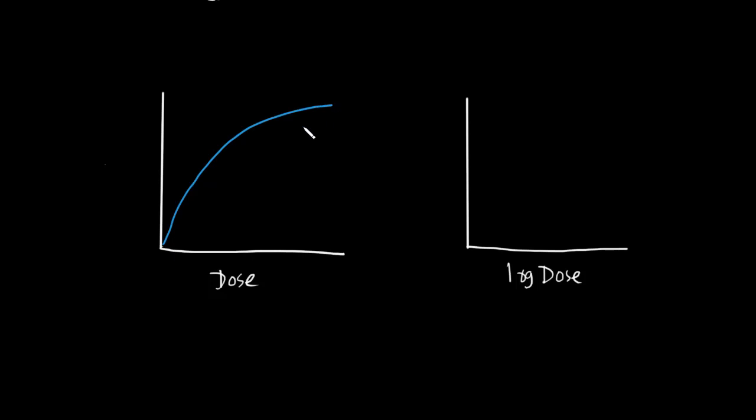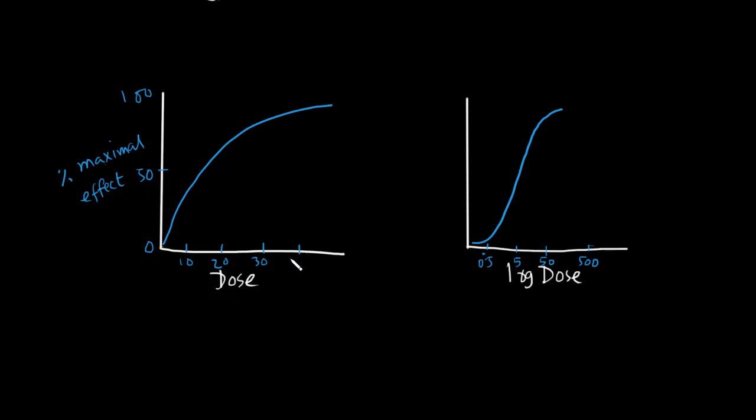If we present the graph on a logarithmic scale, the graph looks like a sigmoid shape. So these graded dose response curves are good to determine or compare the potency, relative potency and relative efficacies between two or more drugs.